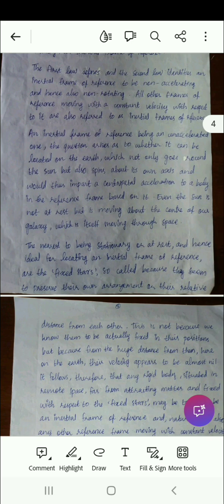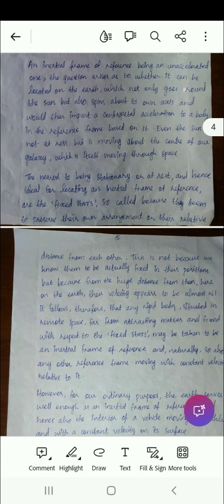Even the sun is not at rest but moving about the center of our galaxy, which is itself moving through space. So, the main condition for an inertial frame of reference is that it must be non-accelerating. Earth has an acceleration which is very small, but technically we can consider Earth as an inertial frame of reference since the acceleration is small. The nearest to being stationary or at rest, and hence ideal for locating an inertial frame of reference, are the fixed stars.